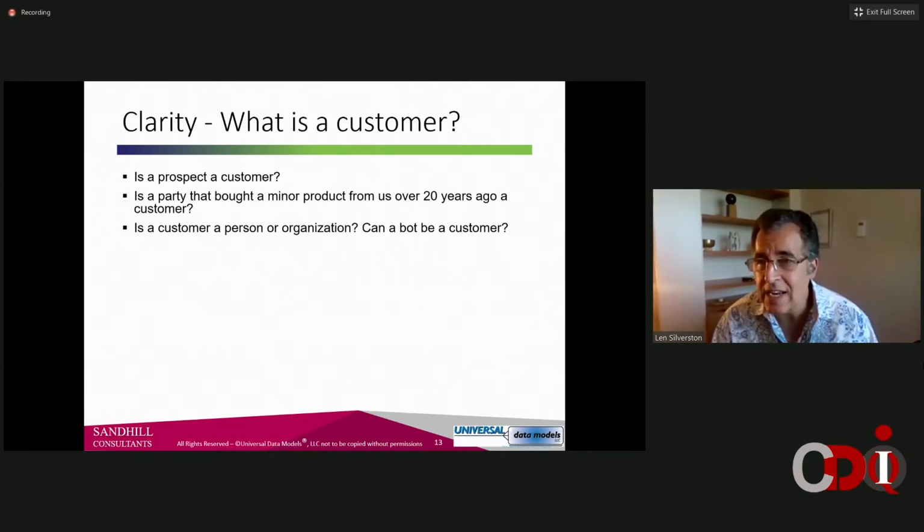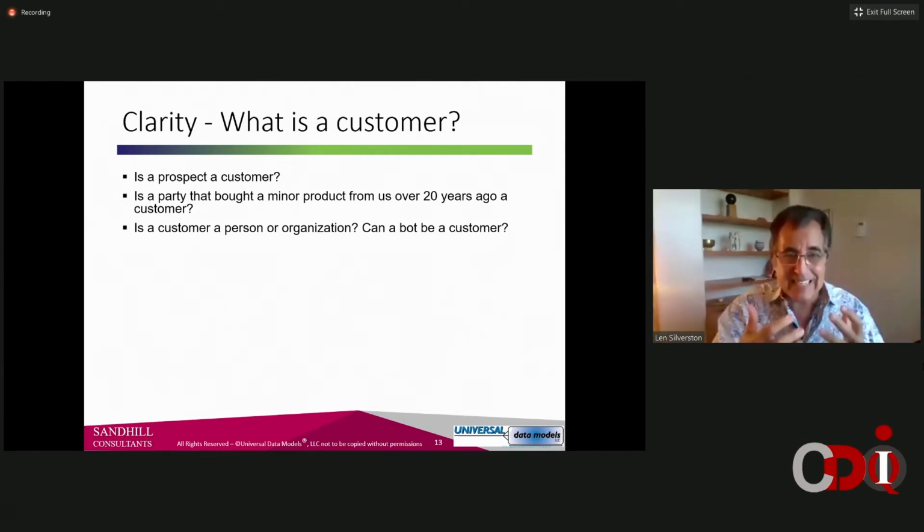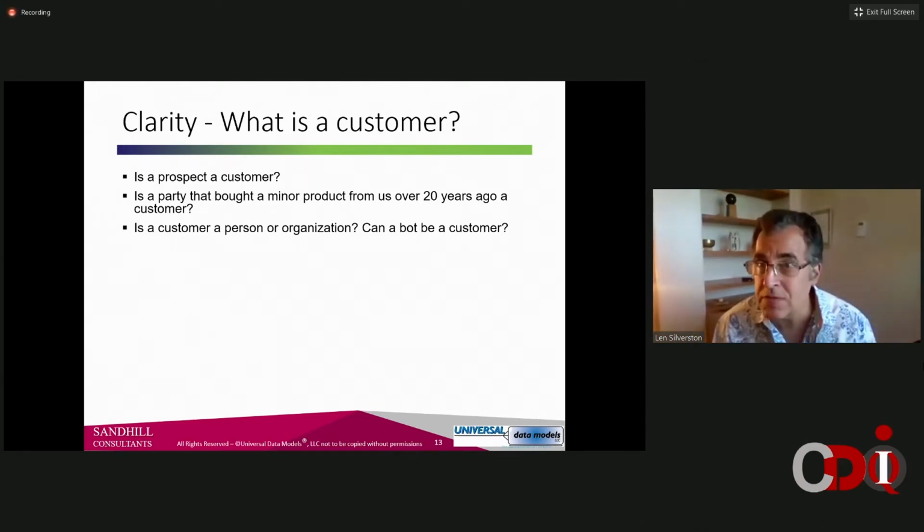But even if we said it is a person or organization, a person is really this entity that exists, this human being, like I'm a person. And then I could play the role of a customer. I could play the role of a supplier. I could play the role of a partner. I could play the role of employee. I could play the role of many other roles.